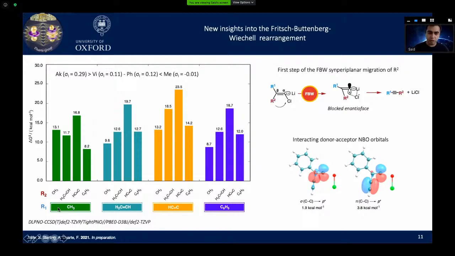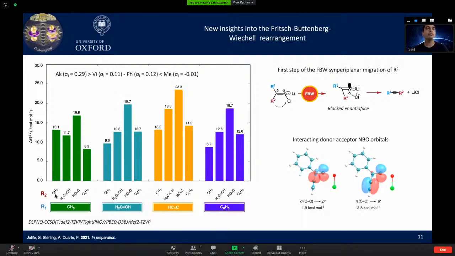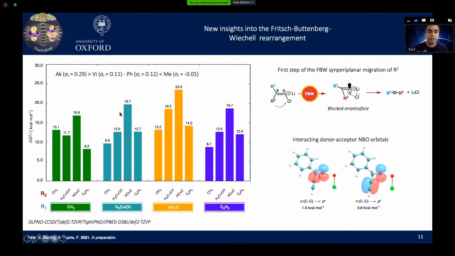And what we can see, and this is also in agreement with some experimental indications, is that the barriers are in agreement with the electron-withdrawing or electron-donating ability of the substituent groups.